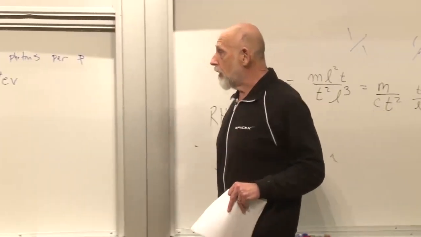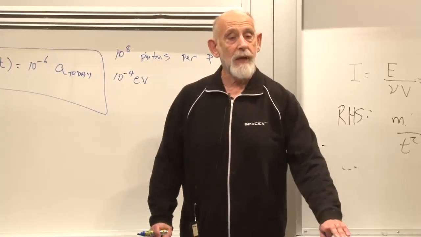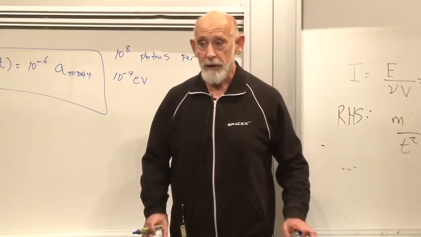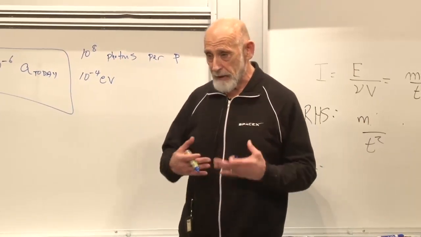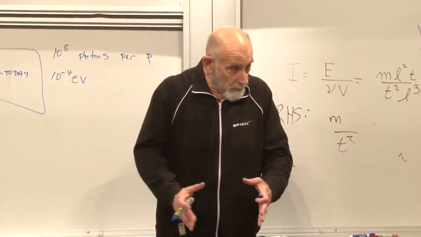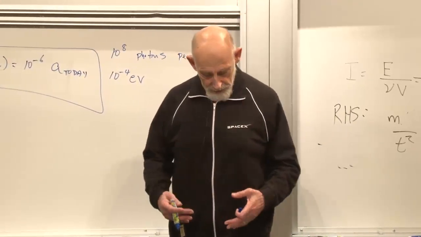Then there was a crossover, and the universe became dominated by radiation. The radiation energy became larger than the matter energy. And as you go even further back, the universe becomes more and more radiation dominated.